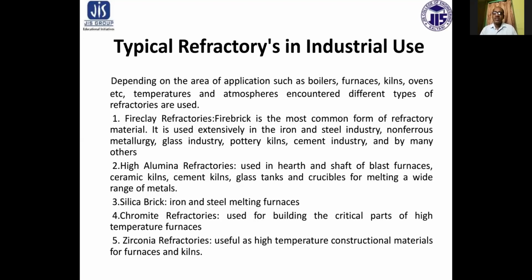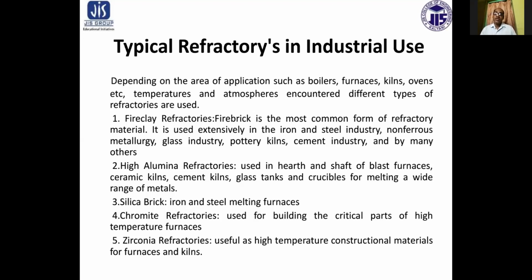Fire clay refractories, that is fire bricks, are the most common form of refractory material. They are used extensively in iron and steel industries, non-ferrous metallurgy, glass industries, pottery kilns, cement industry, and many other areas.